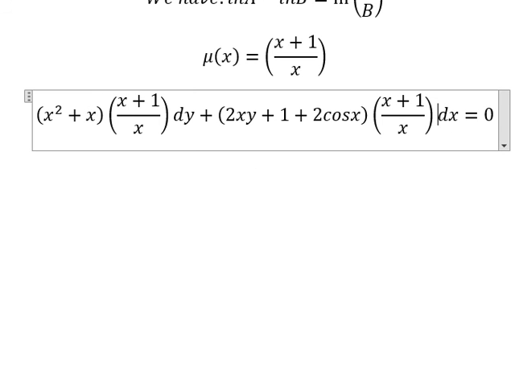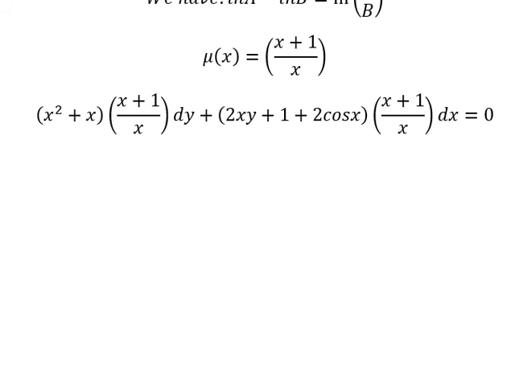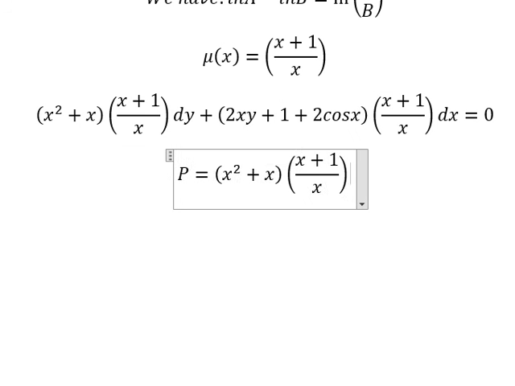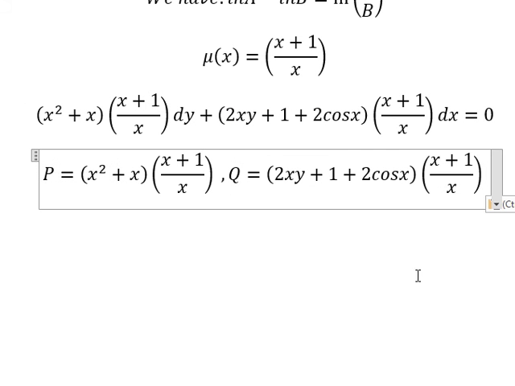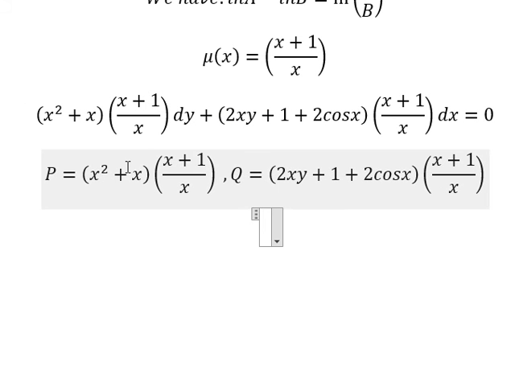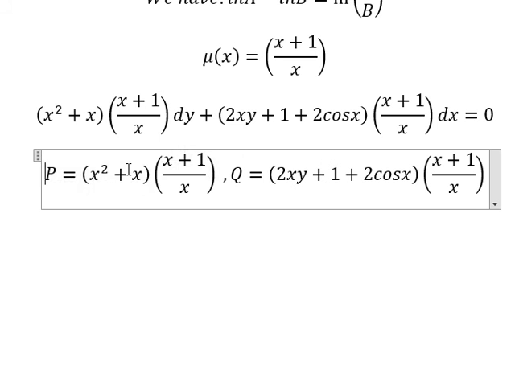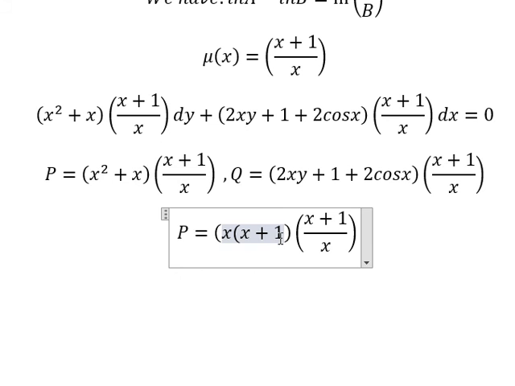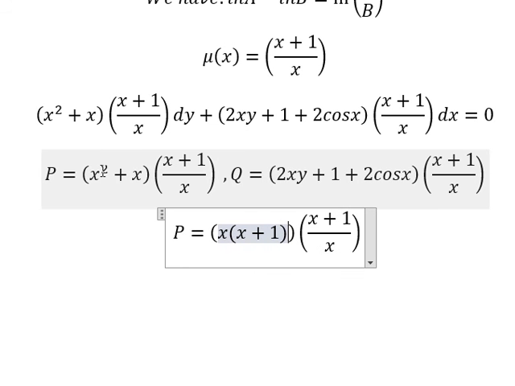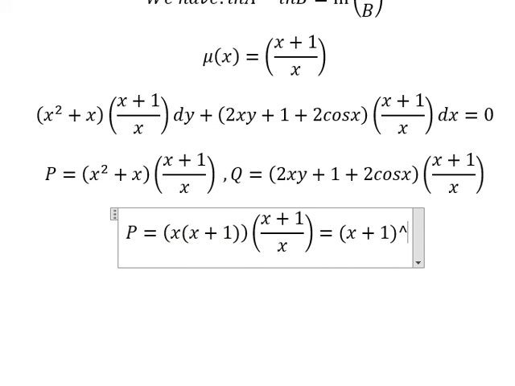Now, we set up B and Q. So this one we can simplify. We do factorization of s squared plus s. S and s cancel, so we just have only s plus 1 to the power of 2.